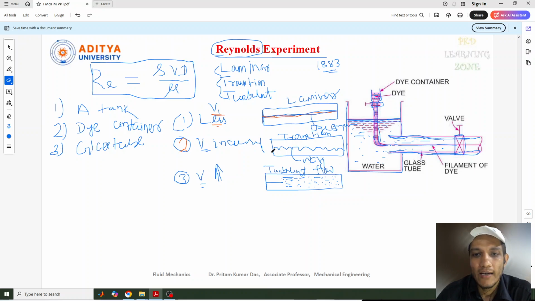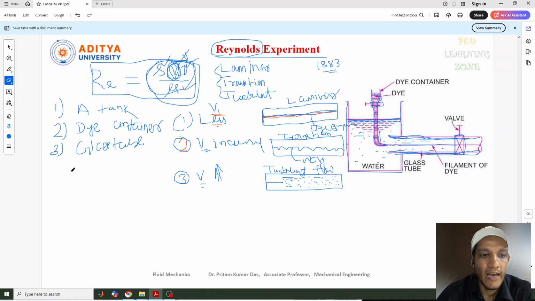Here rho is the density of the liquid, v is the velocity, which is the most important thing here, d is the diameter of the pipe, and in the denominator mu is the viscosity of the fluid. In these four terms, rho is fixed, d is fixed, viscosity is fixed. Only the variation comes from velocity.